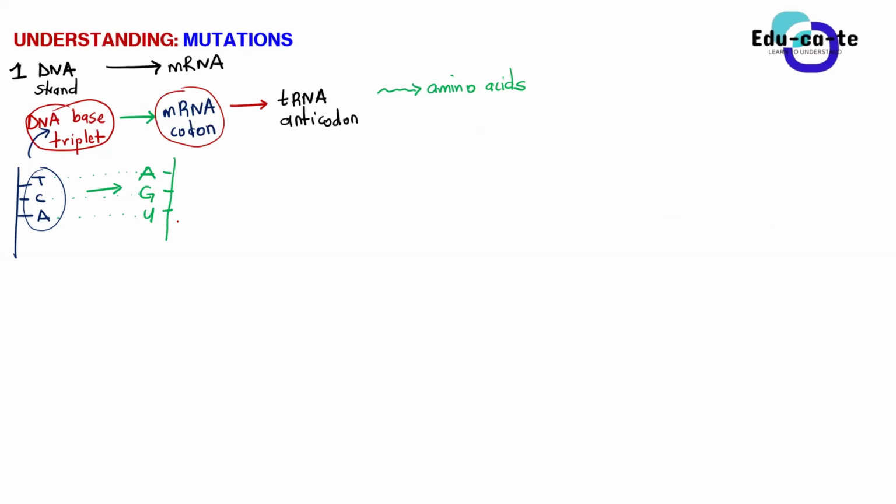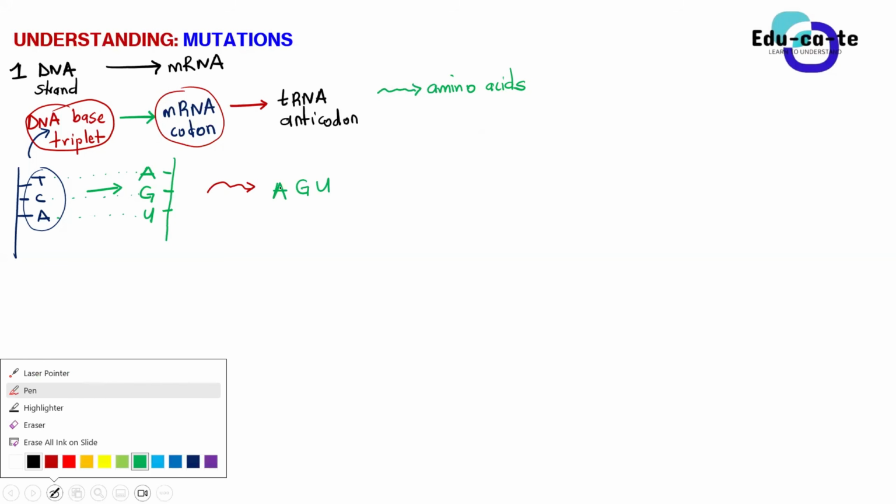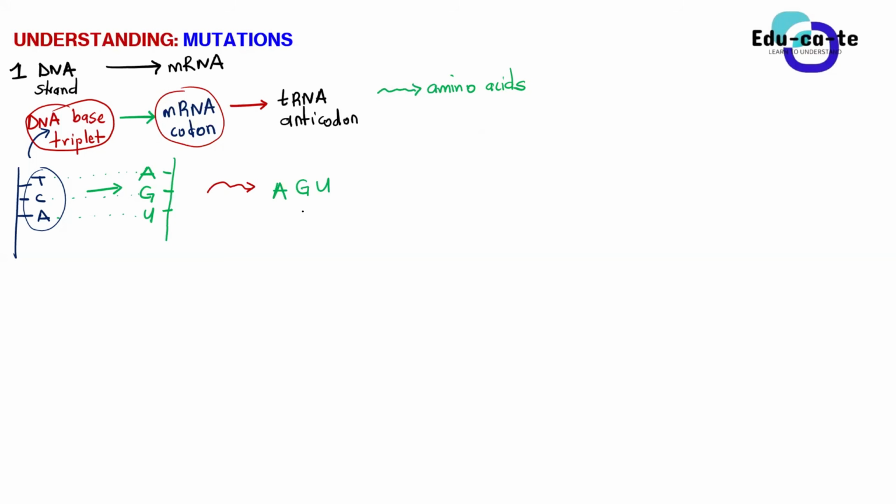All right. And then when this mRNA leaves the nucleus with the codon that we have here, AGU, which anticodon will it look for from a tRNA molecule? What is the anticodon that corresponds here? Yes, ASM?